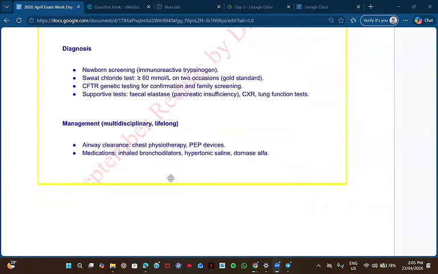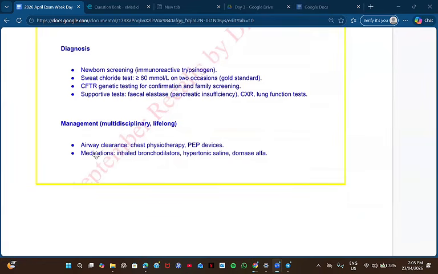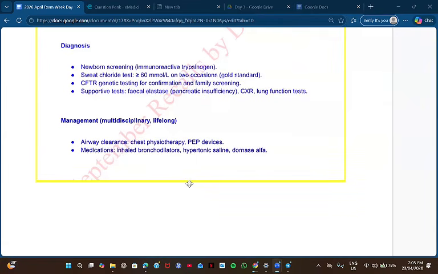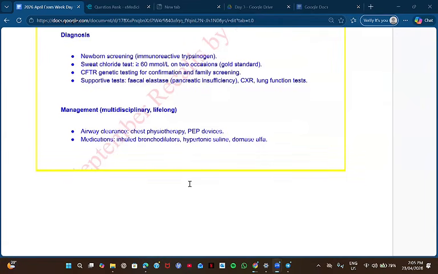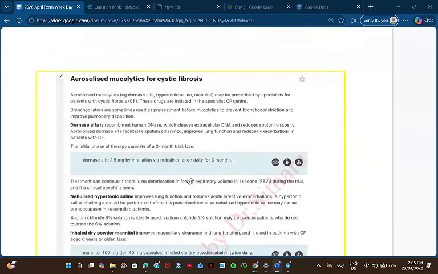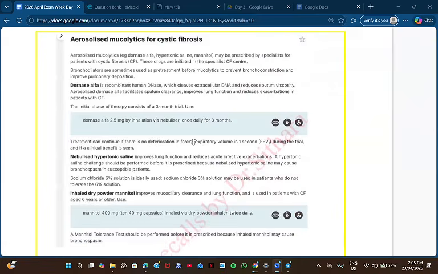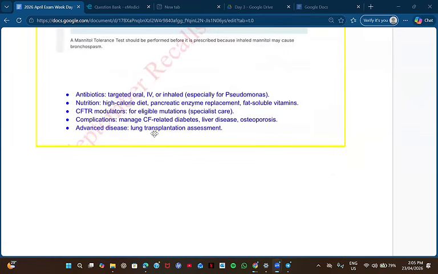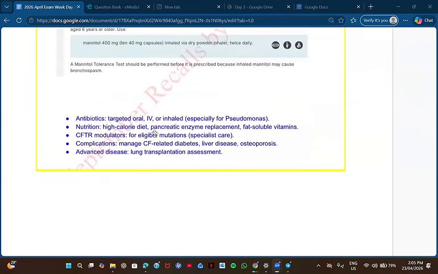The management is multidisciplinary, right? We all know, because it's associated with so many things, and we need to approach one by one. Airway clearance, medications like inhaled bronchodilators, hypertonic saline, Dornase alfa, mucolytics. Antibiotics are also given because of recurrent infections.